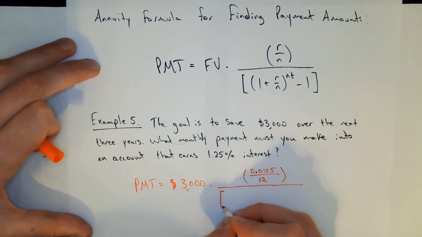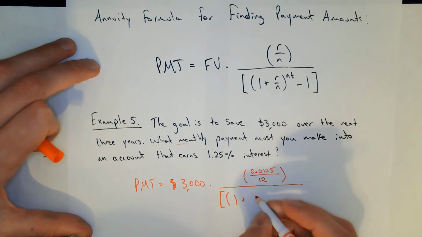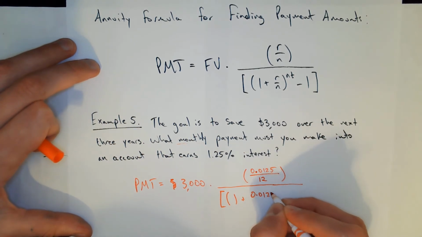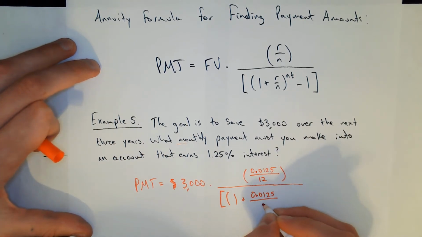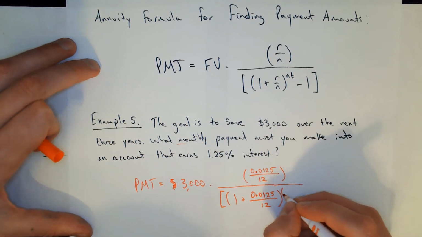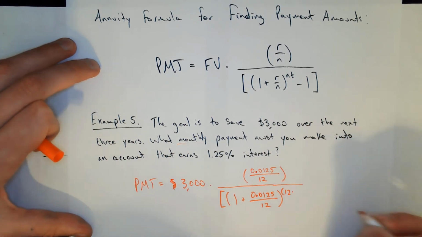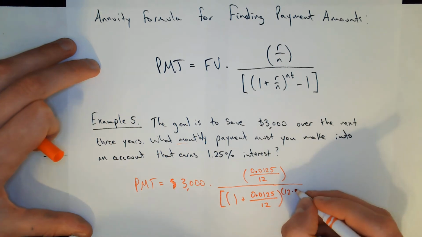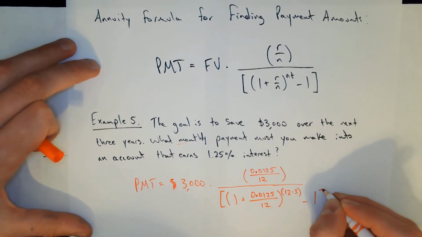Now in the denominator, I'm going to have 1 plus 0.0125 over 12 raised to the 12 times T. T is 3 years. Then minus 1. Then I'll close it.